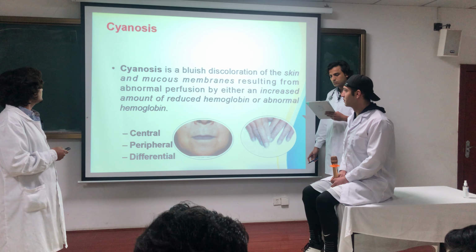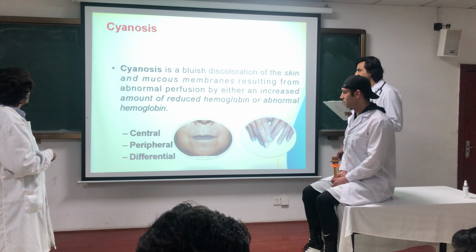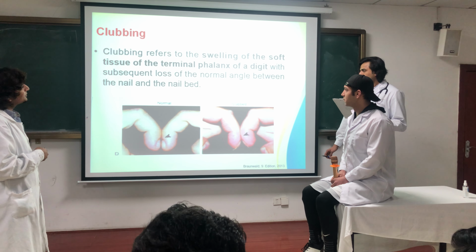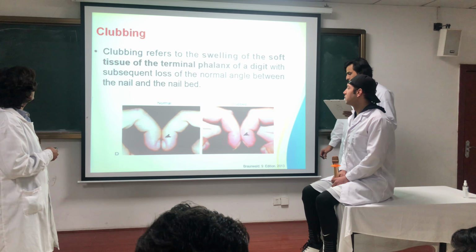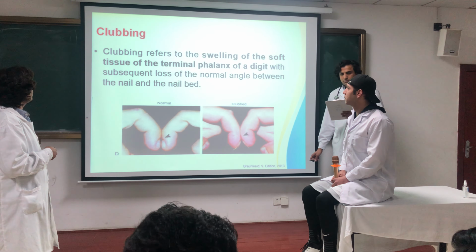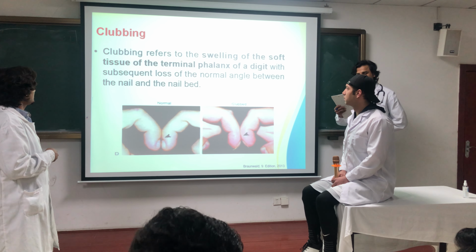There are 3 types of cyanosis: central, peripheral, and differential. Clubbing refers to the swelling of the soft tissues of the terminal phalanx of digits with subsequent loss of the normal angle between the nail and the nail bed.